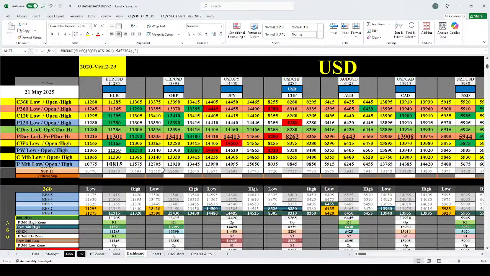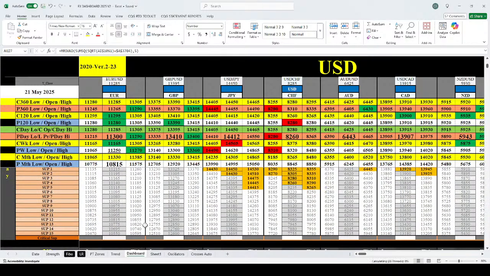If you look at the previous week, current week high is 11305, which is above the previous week high, and current month high is 11385, and previous month high is, sorry, 11575.